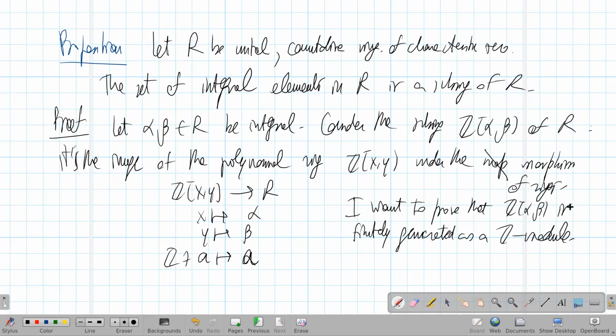And this is actually quite straightforward. First note, let's do it first at the level of polynomials.